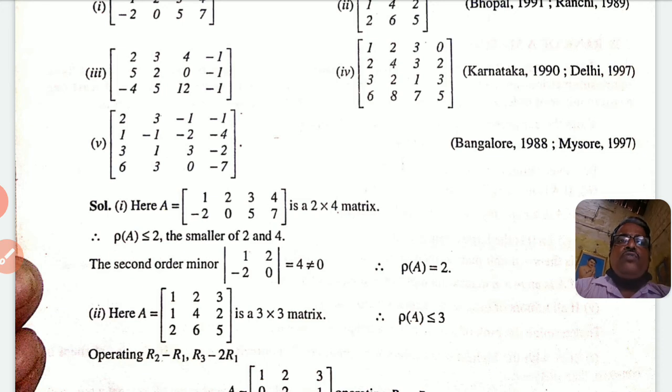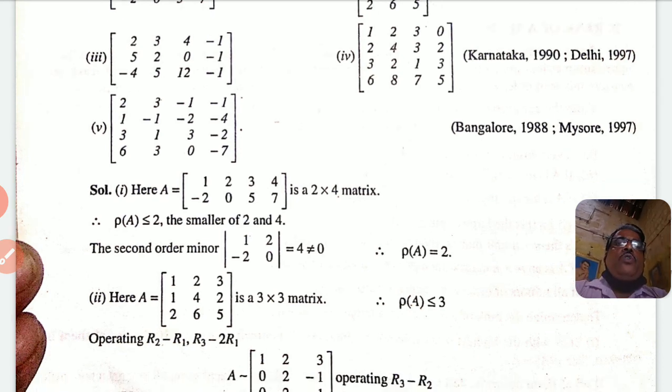First we take one square submatrix, 1 2, then minus 2 0, and its determinant is equal to 4, which is not equal to 0. So the rank of A is equal to 2.